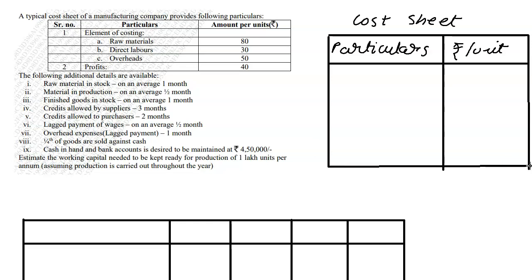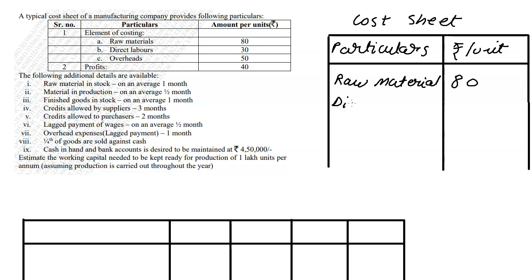Right, so we have rupees per unit, we have amount, okay, and let's just keep adding one after the other. We have raw material for 80, we have direct labor for 30, we have overheads.